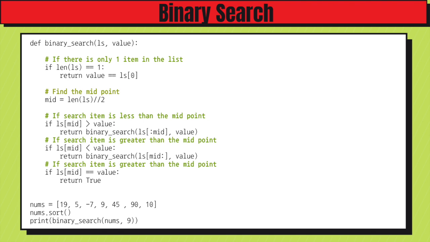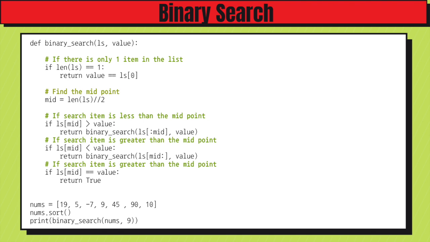Now let's have a look at the program for binary search. Here we have a function which is called binary search, and it takes two values as input. The first one is the list itself, the entire list, and the second one is the value that we want to search for. Then we check to see if there is only one item in the list.